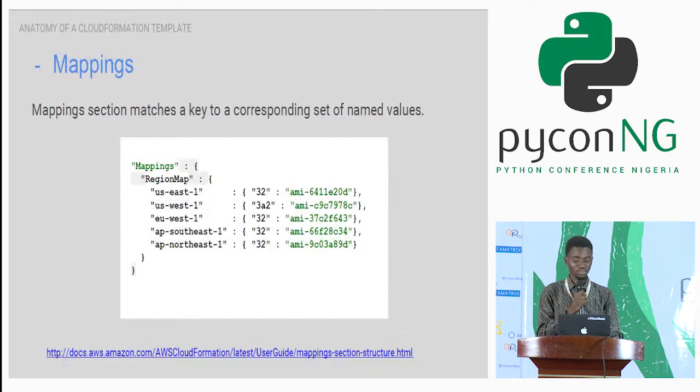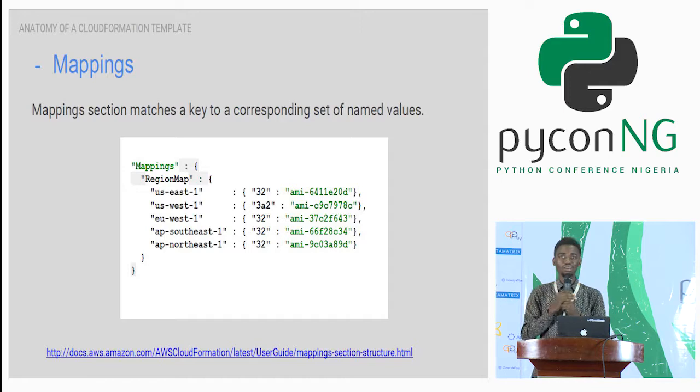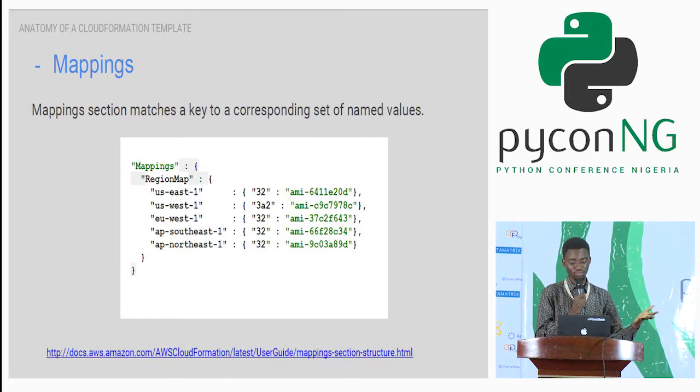The mapping section matches a key to a corresponding set of named values. Our PyHost company decides that they want their users in the US to access from the US availability zone, and their users in Europe to access from the Europe availability zone.